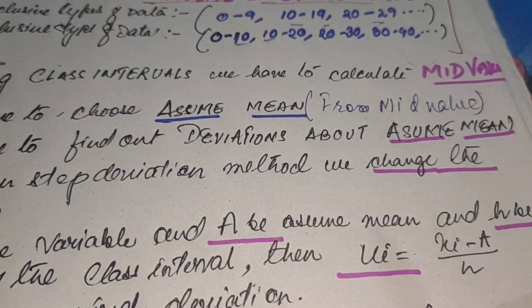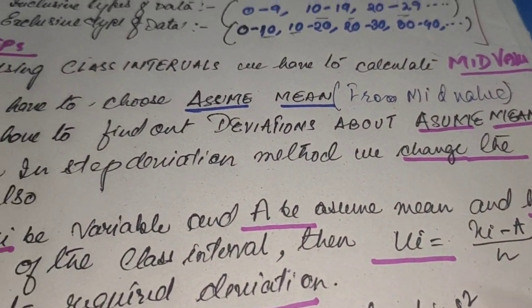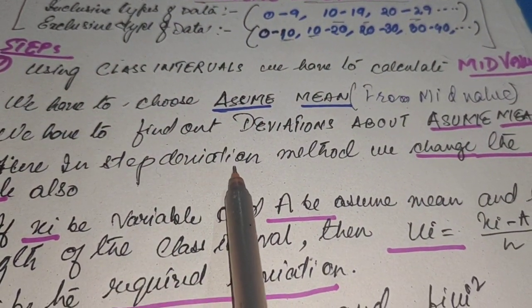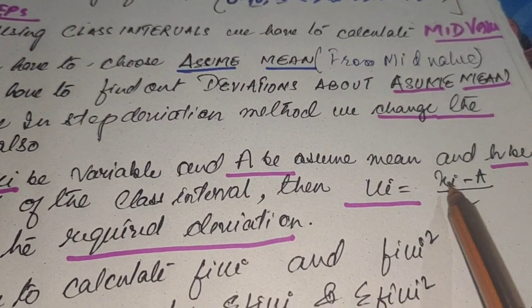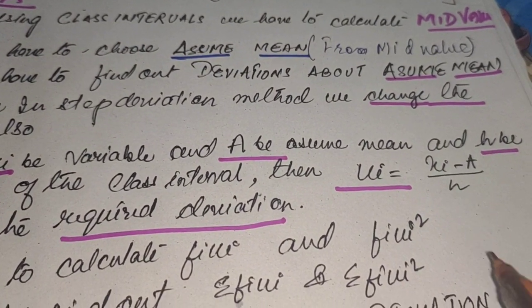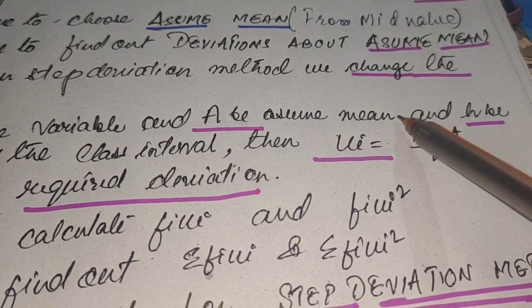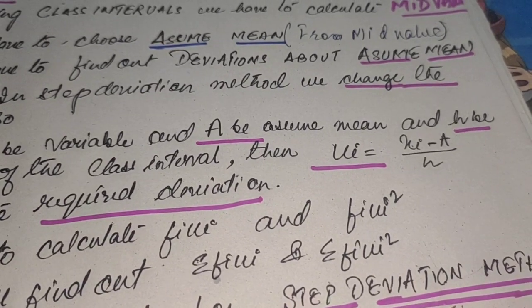When we choose a value as assumed mean, we'll discuss it. After choosing the assumed mean, the next step is to find the deviations about the assumed mean. Like this, x1, x2, x3, x4 are the mid values, and out of all the mid values, one mid value we choose as assumed mean.